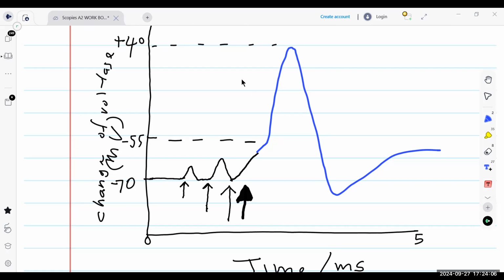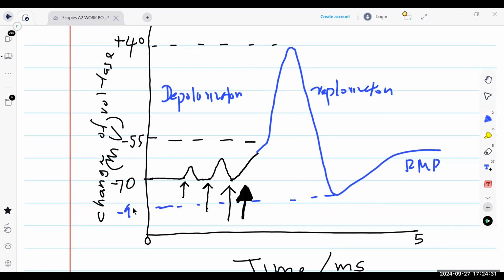And this is called depolarization. That is increased membrane potential to plus 40 millivolt, followed by repolarization. Repolarization is again restoring the resting membrane potential. But still, there is a small change. This goes down to minus 90.